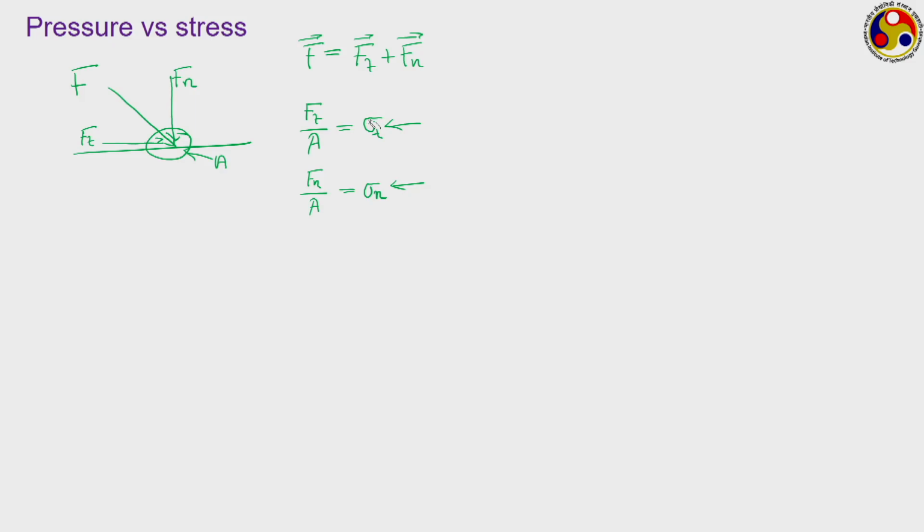What we have written here are force per unit area, but this is not correct, because stress refers not to these external forces which are acting on the surface, rather stress refers to an internal force which originates when the body is getting deformed and is trying to resist that deformation.